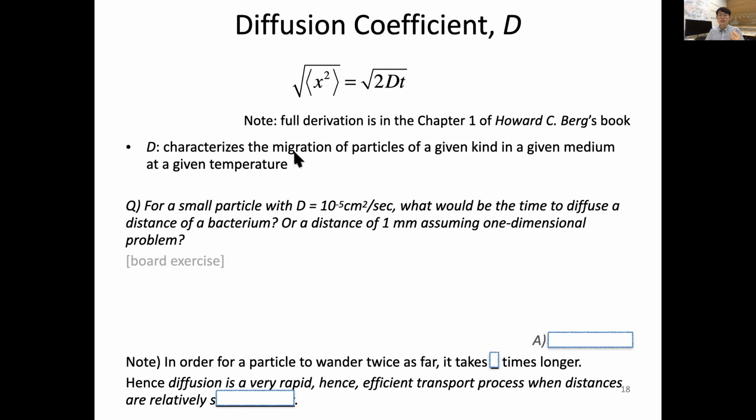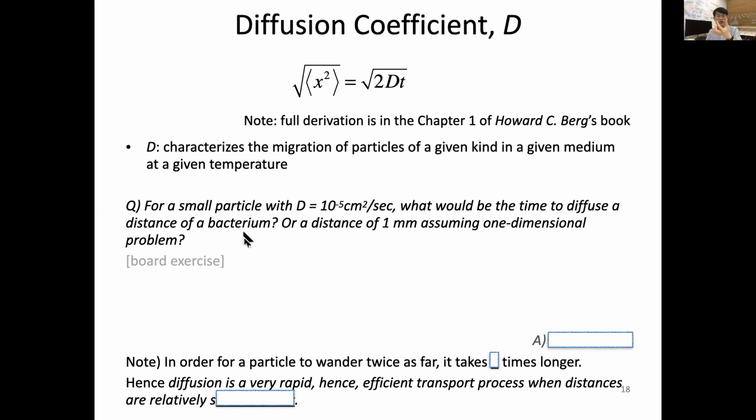It's interesting to see what diffusion will do for us in the transport of small molecules, especially inside the cell. Here's a question. For a small particle with a known diffusion coefficient, like oxygen or carbon dioxide, about 10 to the minus 5 centimeters squared per second, what would be the time to diffuse a distance within a bacterium?